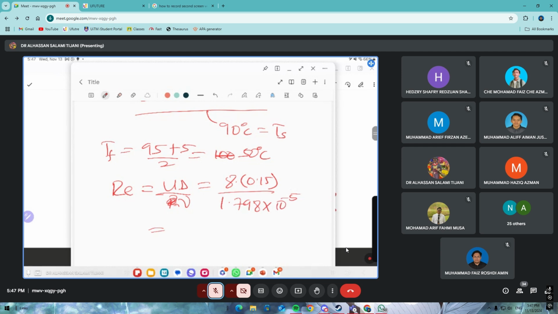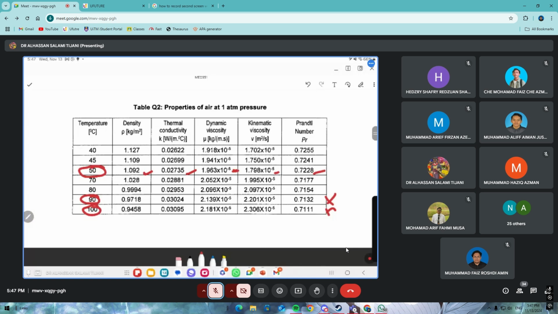So this gives me 66740. Okay. So now, based on this, we will select the appropriate Nusselt number.